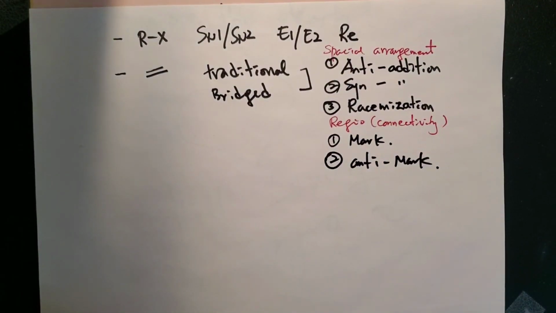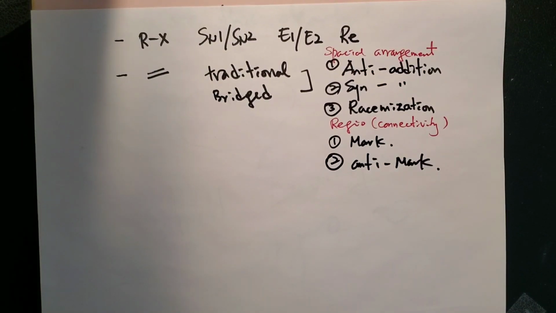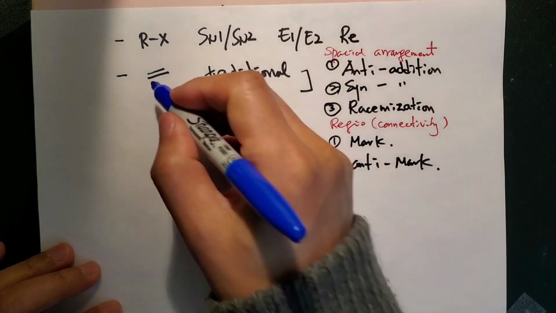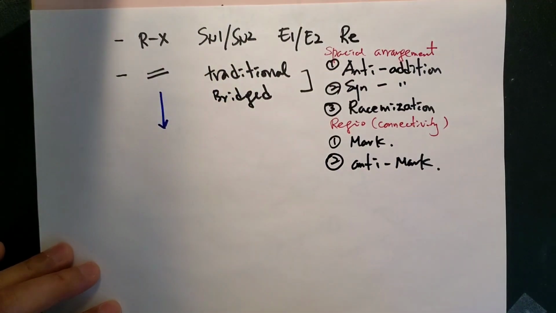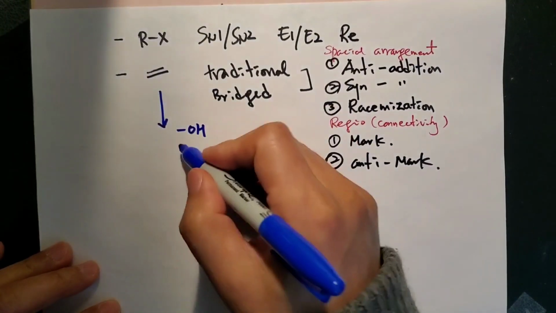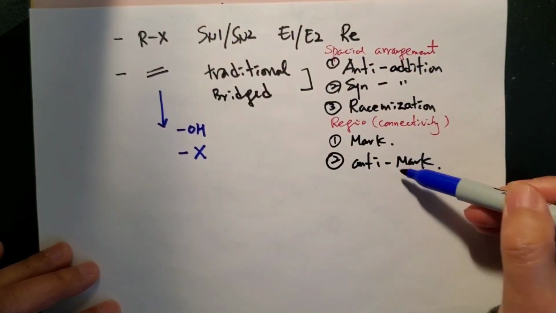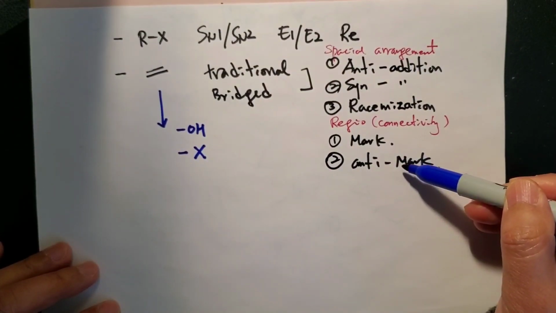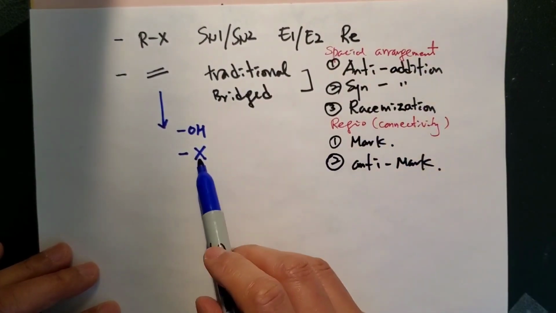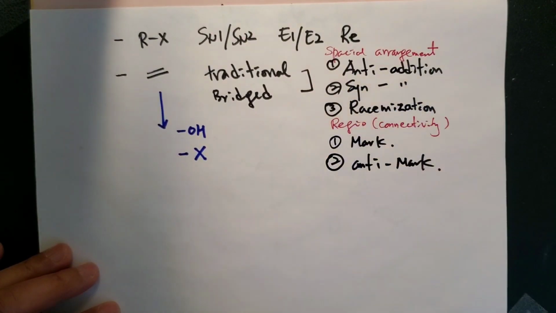And I hope you remember each examples of these. The additional reactions we have seen so far is you can add OHs or halogens in Markovnikov or anti-Markovnikov. Or we saw two halogens getting into the double bond as anti-addition.